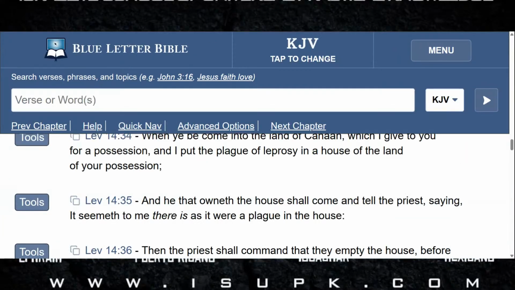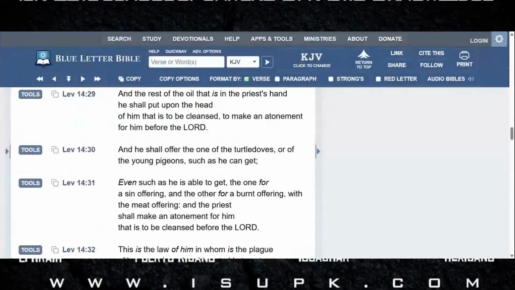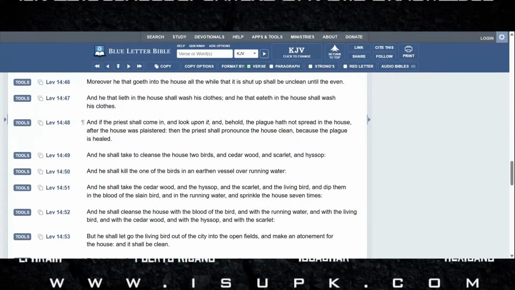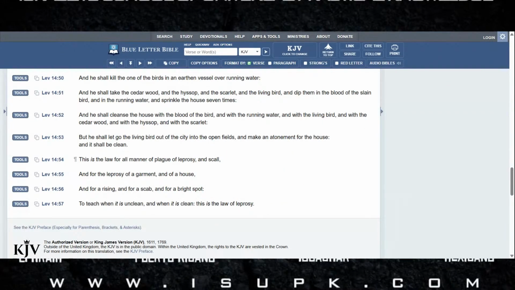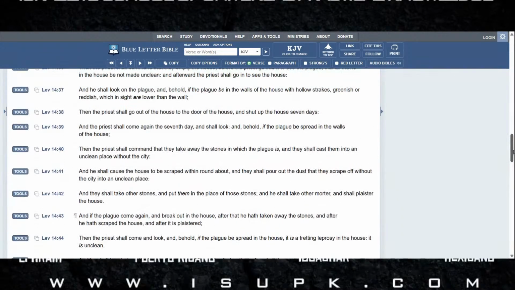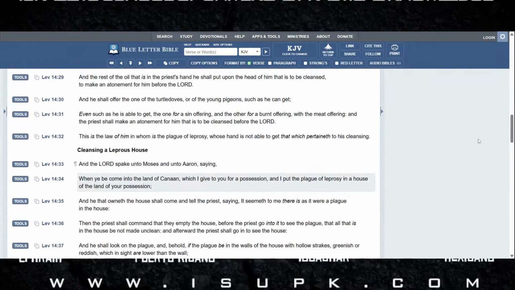All right, here we go. Leviticus, the 14th chapter and the 34th verse. We had it zoomed in too much. Here we go. Perfect. Scroll back up. Leviticus 14 and 34. We are right here.